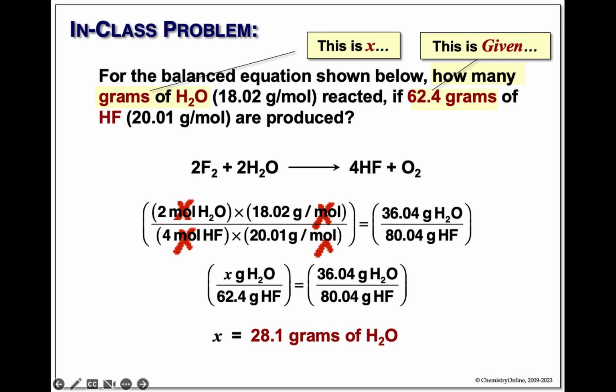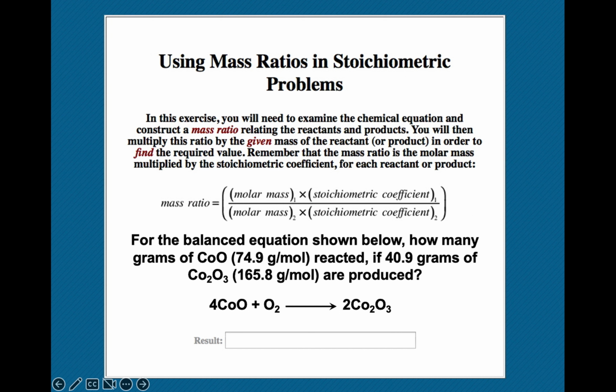We're good? The second tutorial for this chapter, mass ratios. Once again, the coefficient times the molar mass. Given is on the bottom. So you look at your thing, you say, what's our given?